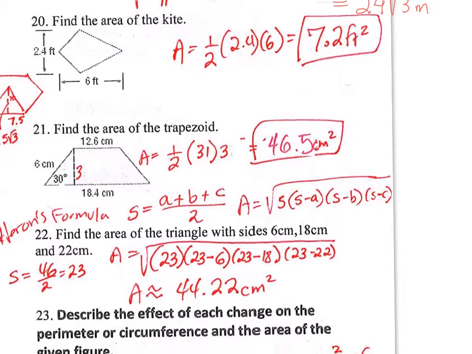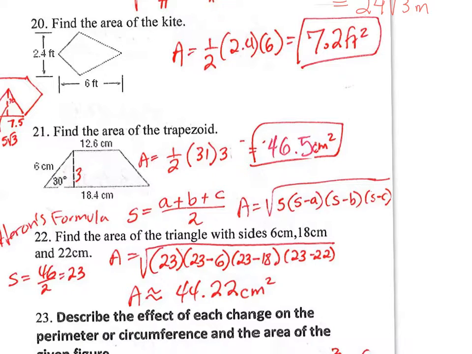Now 21, you have to work out this problem. See, this one, what you can say is that if this is 30, and this is the short leg, well, the short leg is half of the hypotenuse. So half of 6 is 3. So that's the height.